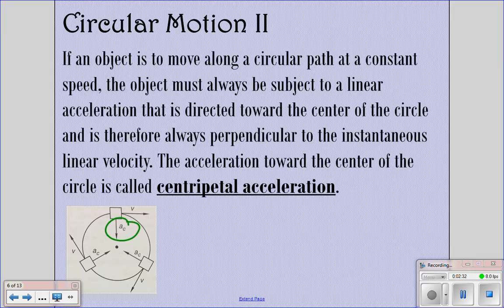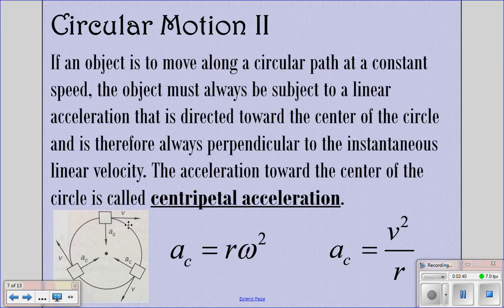The magnitude of the acceleration is always equal to the square of the magnitude of the linear velocity divided by the radius of the circle, so a_c = v squared over r. They have a proof later in the lesson on page 312, but you don't have to look at it unless you're really curious about it.